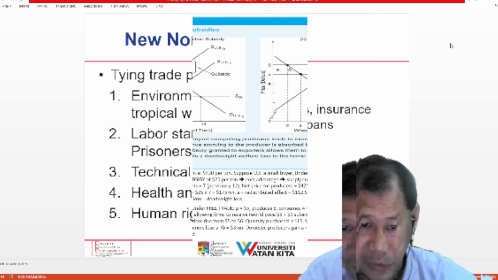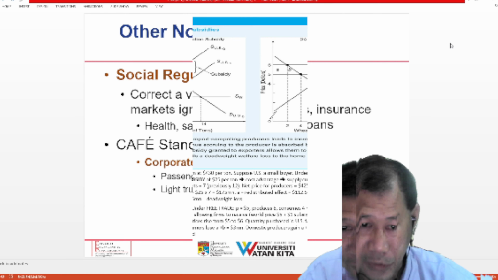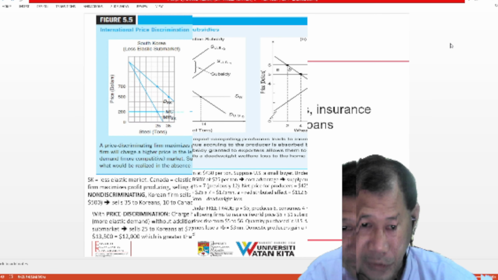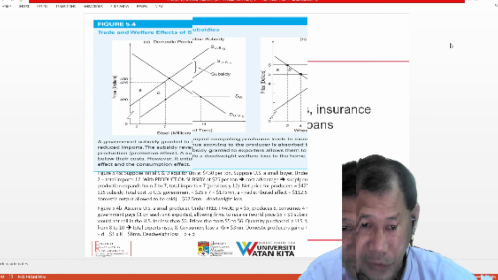However, export subsidy is just as bad as tariff, because there are two parts of the deadweight loss. Let me show this. Domestic production subsidy has only one deadweight loss here, whereas export subsidy has two deadweight losses, here and here.